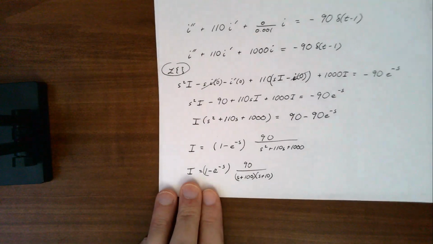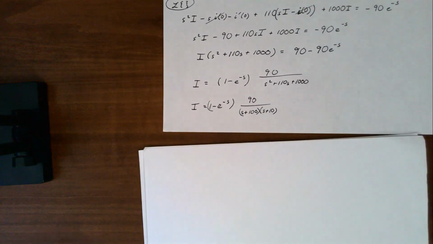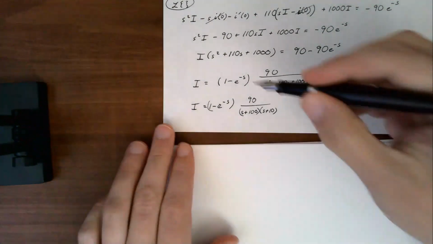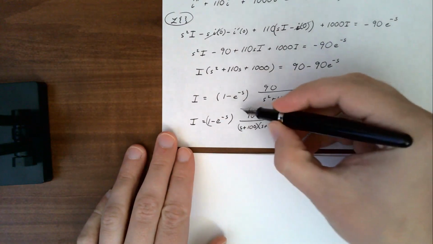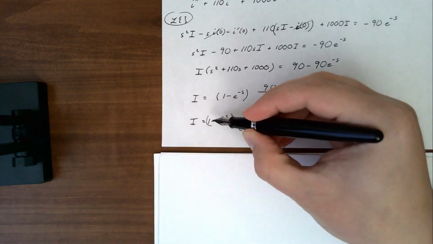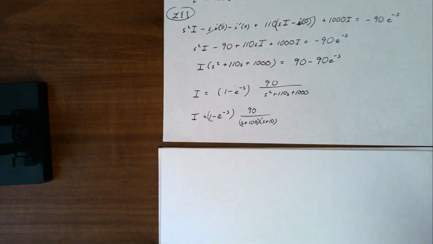And so now we will just proceed with a little bit of the old partial fractions. And as far as the partial fractions is concerned, what we're going to be doing is taking just this part here on its own, and we'll deal with the 1 minus e to the negative s all in good time.